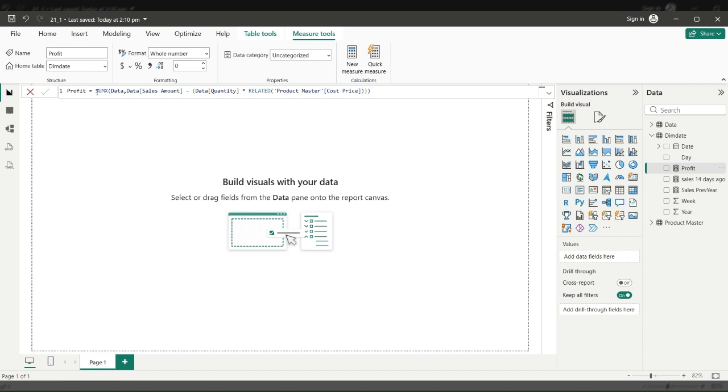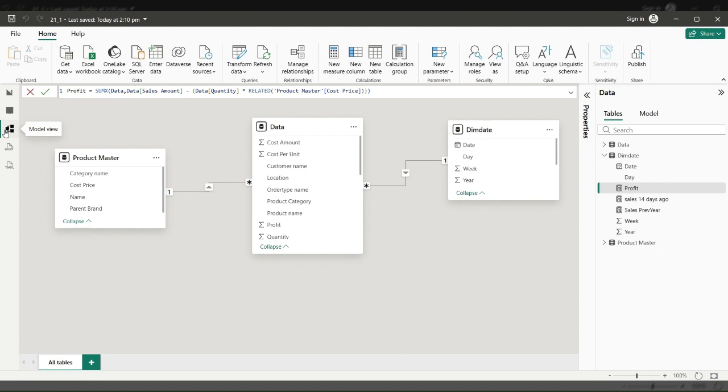So here, SUMX of the data table, which is the sales, and then we mention which table we are referring to. Then the data sales amount column minus data quantity times RELATED product master cost price. Here we have defined a relationship between product master and data, so we can use it in our formula.